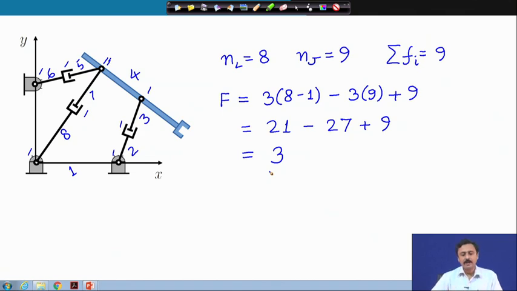So, this manipulator has 3 degrees of freedom and they are controlled by these 3 actuators, this prismatic actuator, this prismatic actuator, this prismatic actuator. So, this becomes completely controllable manipulator.